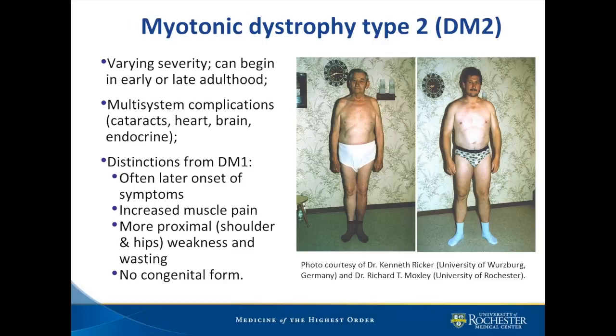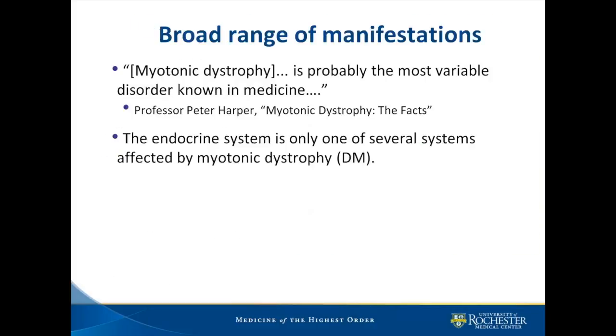And then one major difference is there does not appear to be a congenital form of myotonic dystrophy type 2. But as Professor Peter Harper has emphasized, there's a broad range of manifestations in myotonic dystrophy, and he has emphasized that it's probably the most variable disorder known in medicine.